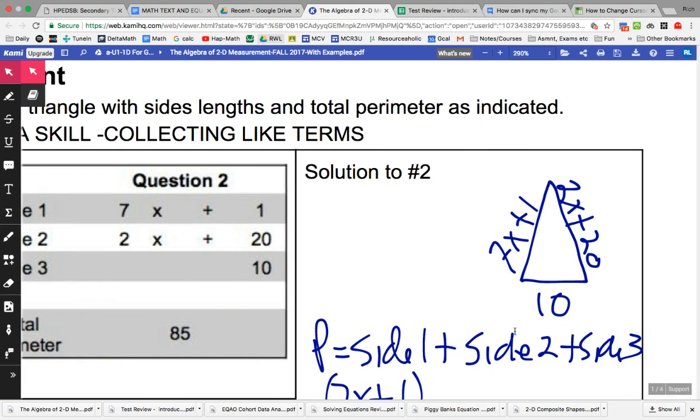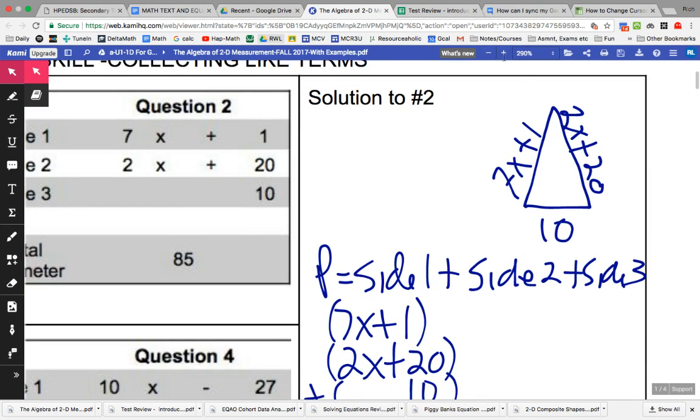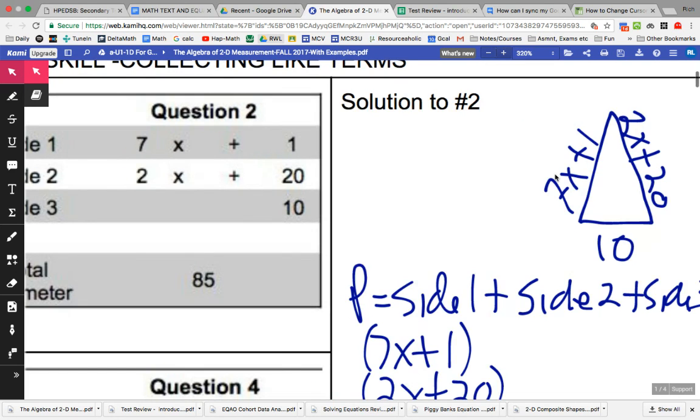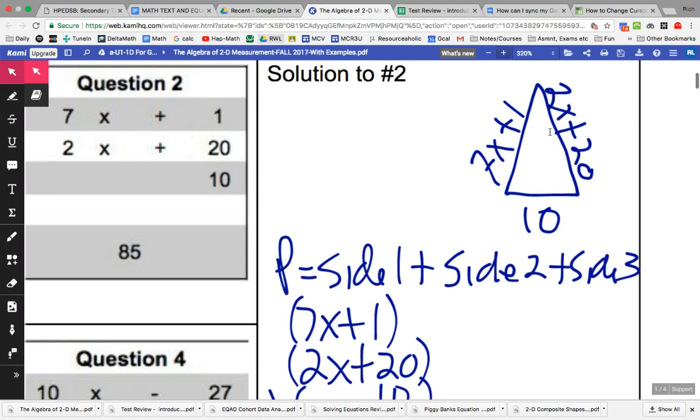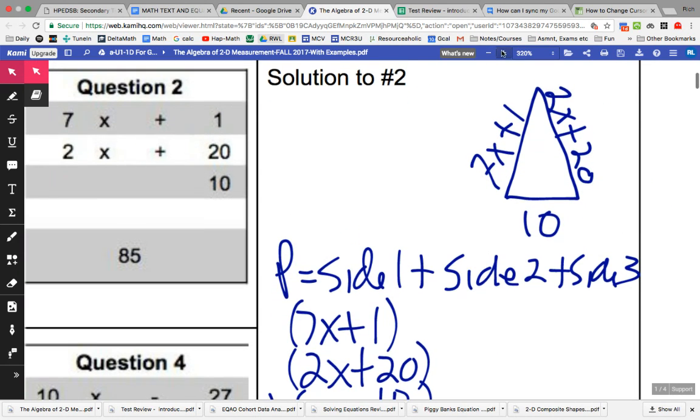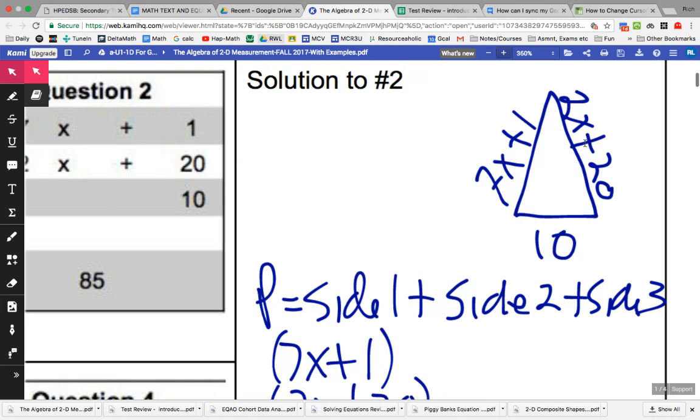Let's take a look at this question. There's a triangle, and that triangle is 7x plus 1 on this side, 2x plus 20 on this side, and 10 on this side. Well, what's the perimeter? If I start right here and go all the way around the outside of the triangle, I've got to add that up: side 1 plus side 2 plus side 3.